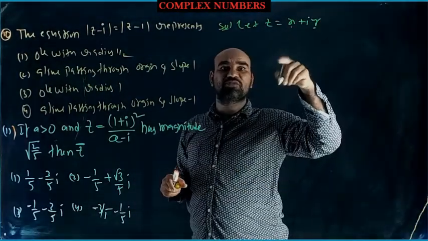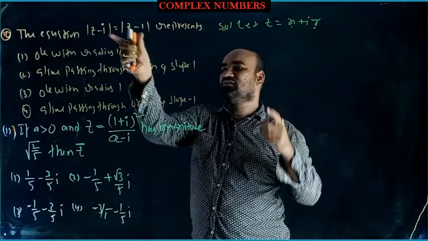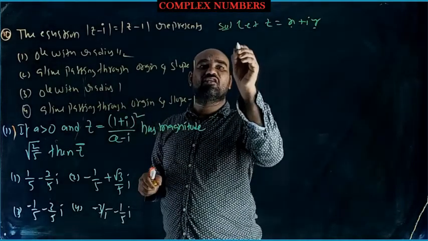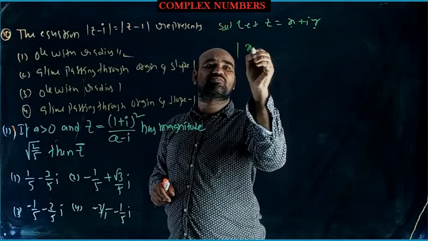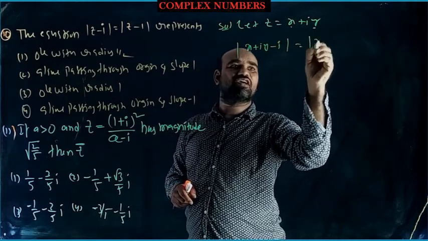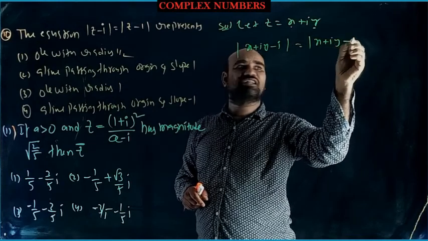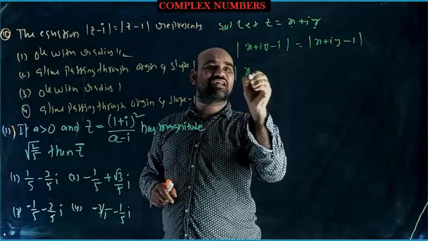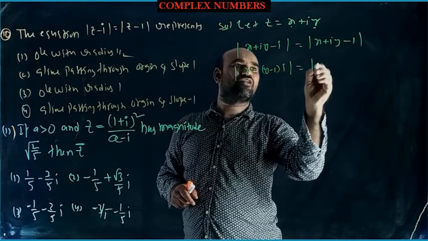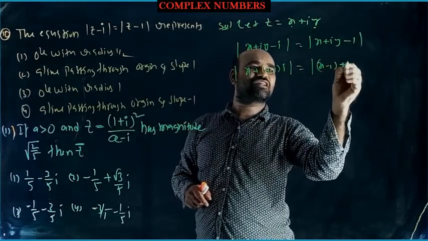We want to create an algebraic rule between x and y. So x plus iota y minus iota equals x plus iota y minus 1, which is the same as modulus of x plus (y minus 1) iota equals modulus of (x minus 1) plus iota y.